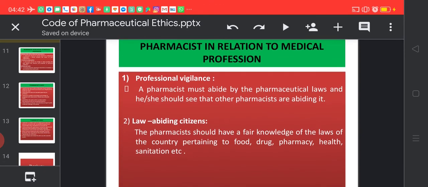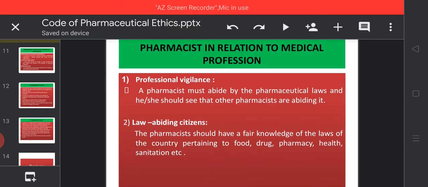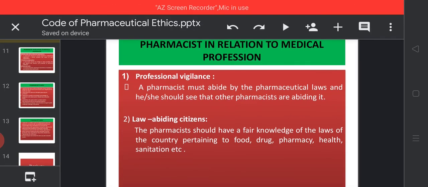Law abiding citizens, definitely fair knowledge of the laws of the country pertaining to food, drug, pharmacy, health, sanitation, each and everything is to be monitored.